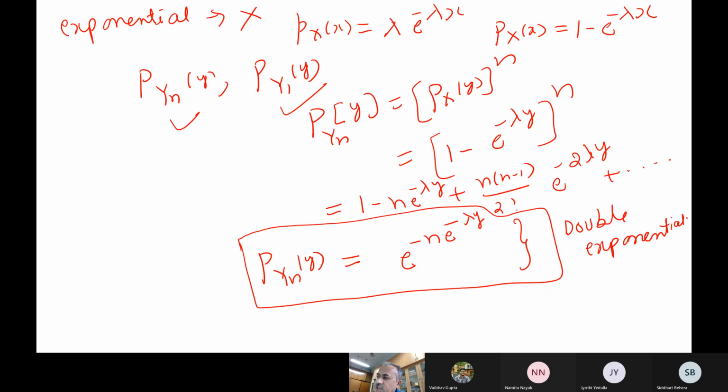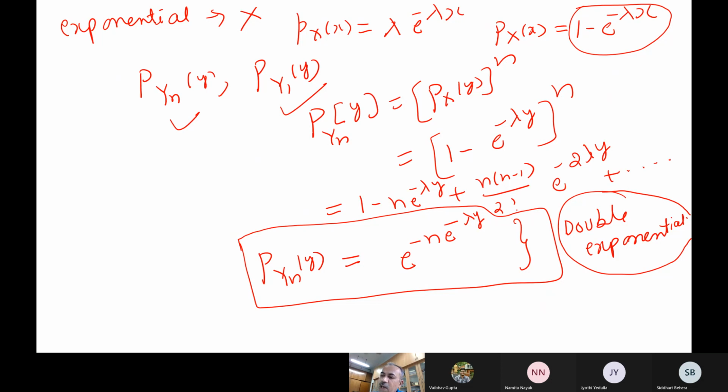Originally it was exponential distribution, and now the largest value has two exponentials. What is this distribution? The original data is exponential, and the largest value is double exponential.